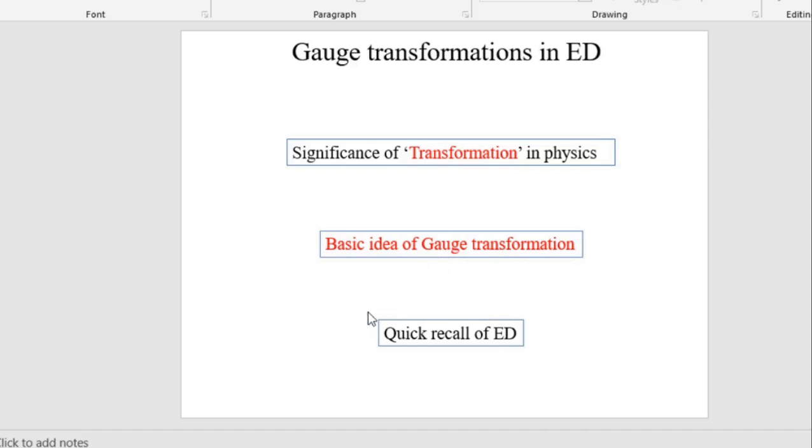After that we briefly recalled the basic structure of electrodynamics, which is essential for us as this formulation of gauge transformation is made in electrodynamics.